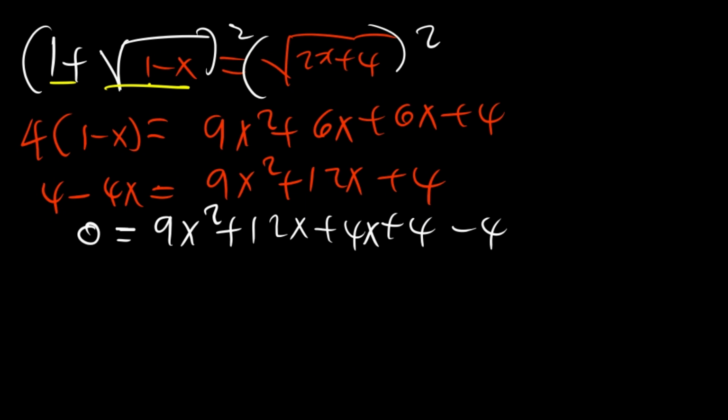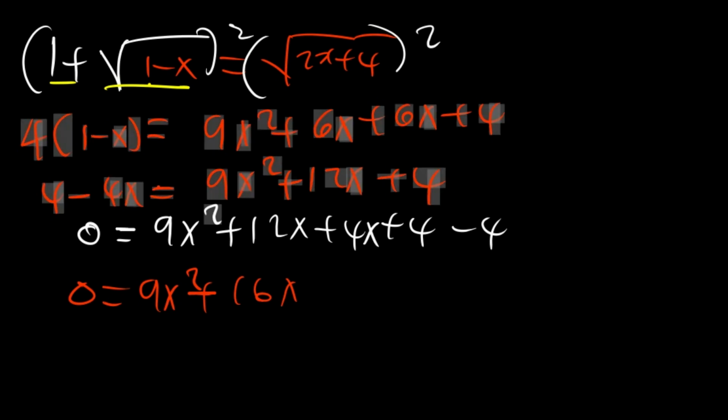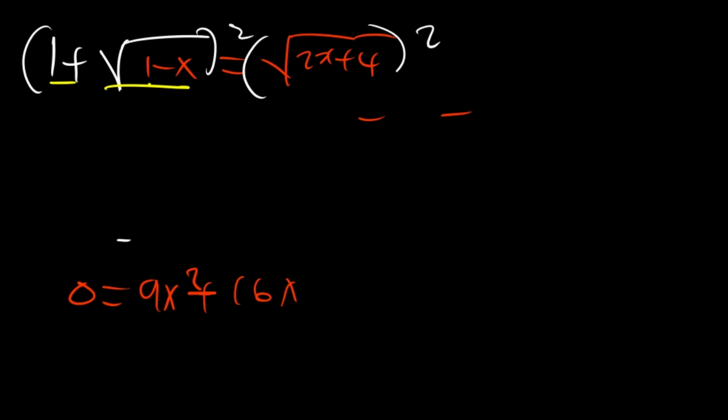You are now following, which is good. 0 is equal to 9x squared plus 16x. What else do we have? Nothing, that's all. Just zero. Allow me to rewrite this here. 9x squared plus 16x is equal to 0.